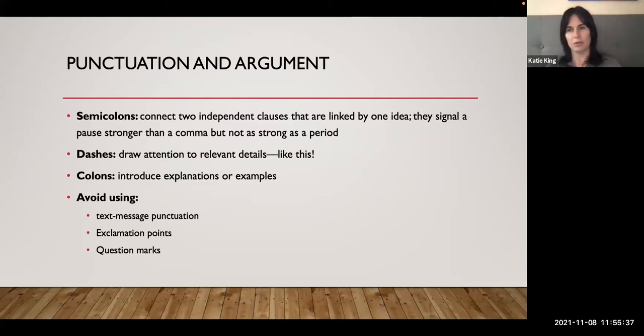Well, text message punctuation. I hope she never sees this, but I did go to grad school with someone who, we had our final, and our final was like an in-class typed essay. We were in a computer lab and we're typing out these essays, much like any sort of in-class final. And at the end of this person's essay, she used an emoji.